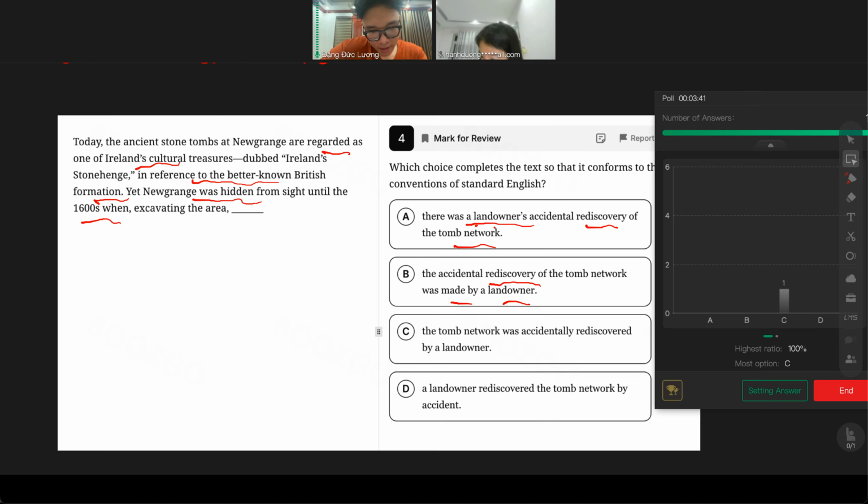So it is the kind of initial modifier concept. Do you know what an initial modifier is? No. Okay, so basically you will have a complex sentence.